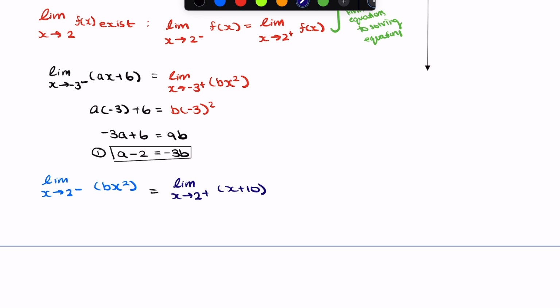We simply sub the values of x in. So here we have b times 2 squared is equal to 2 plus 10. So we have 4b is equal to 12. b is equal to 3.